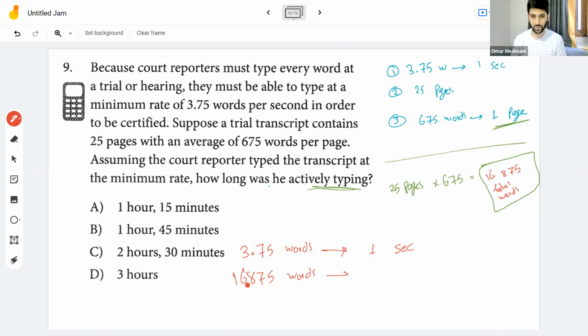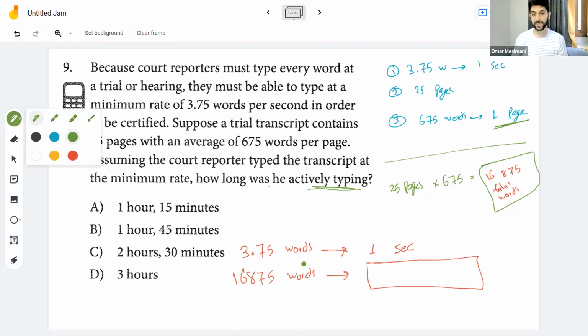By the way, if you get the answer here, it represents the total amount of time, but in seconds. I guess 4,500, is it? Yeah. 4,500 seconds. Again, this is seconds, okay?